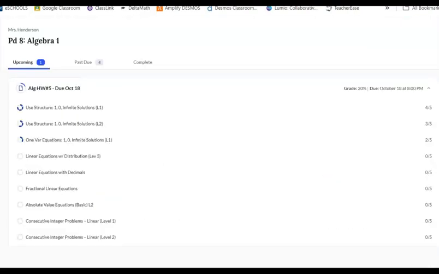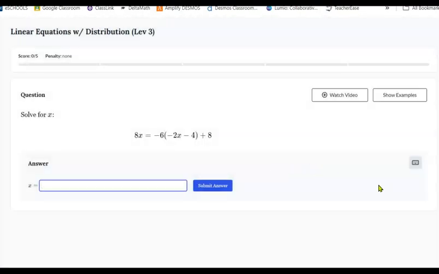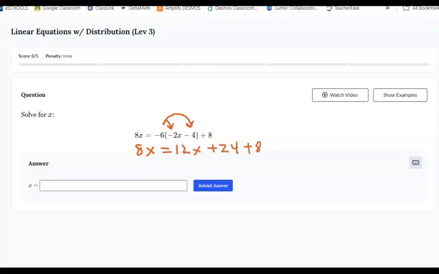All right. The next question asks you to continue to solve some variable equations. So you're going to distribute when you have parentheses. So here on the right-hand side, I'm going to distribute this negative 6, and then I'm going to stop. So 8x is equal to 12x plus 24 plus 8.